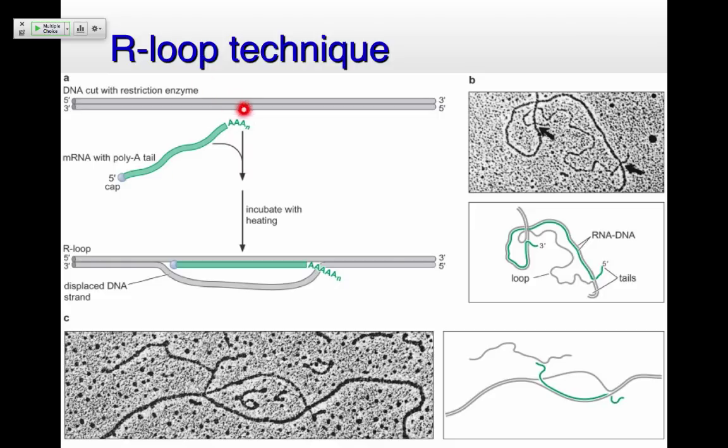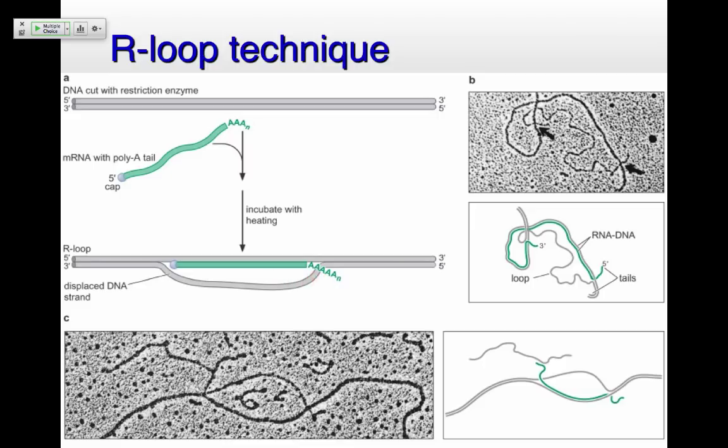And then you mix that together with a messenger RNA, and you let the messenger RNA come together with the DNA. And in this case, you have a match between this messenger RNA and this piece of DNA. That match here will give you a double-stranded nucleotide sequence, 1 DNA, 1 RNA, and then a displaced or looped part of DNA.